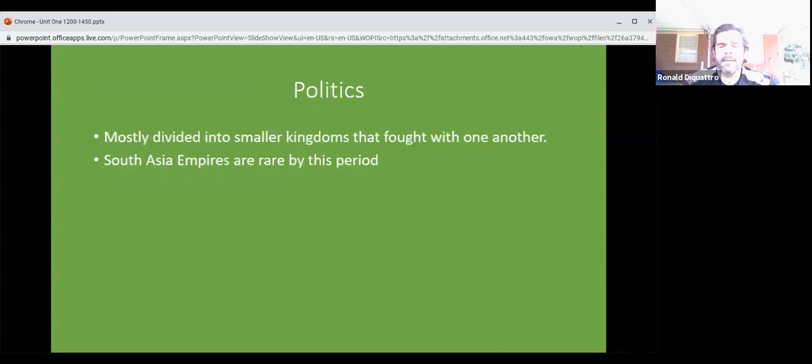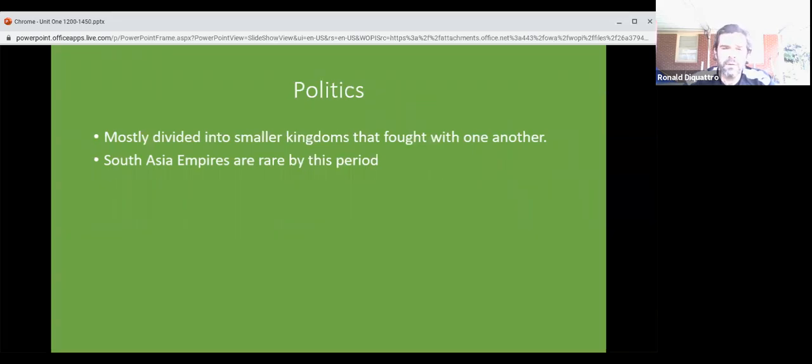Now, politically, lots of times we're really interested in groups of people's political systems. We are not that interested in South Asian political systems in 1200 because the type of political system we're most interested in is large empires. And in this unit, there's never a time period where India is politically united into one big, strong, powerful empire.